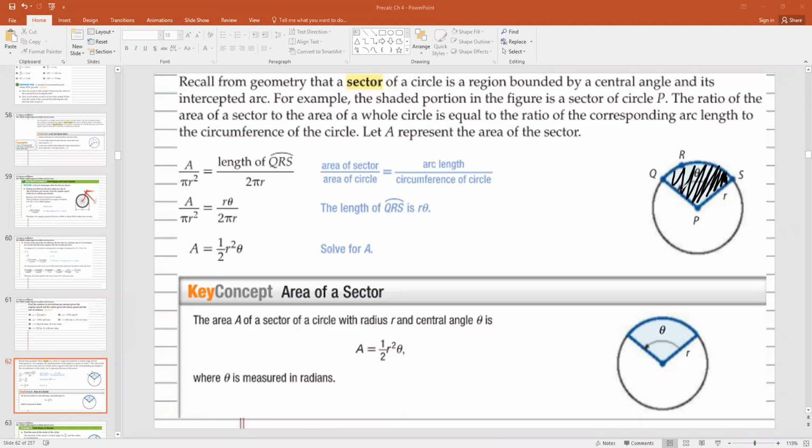So how much space that pizza slice takes up. That's our area, the whole pizza slice. And that formula is going to be the area is equal to 1/2 times the radius squared times the central angle.